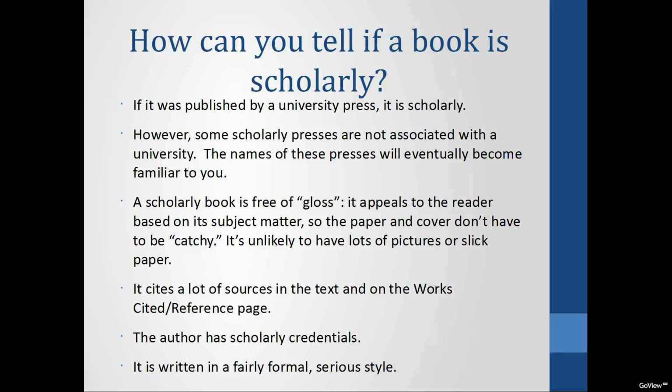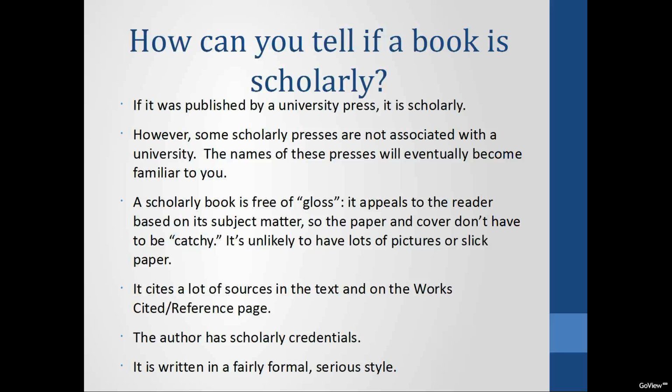Books can be a little bit more difficult than articles to decide whether or not they're scholarly because there's not that little handy-dandy limiter in EBSCO or in the WorldCat to show you whether or not your books are scholarly. Now, the easiest way to tell if a book is scholarly is that if it is published by a university press, then you can be assured it is a scholarly peer-reviewed source.